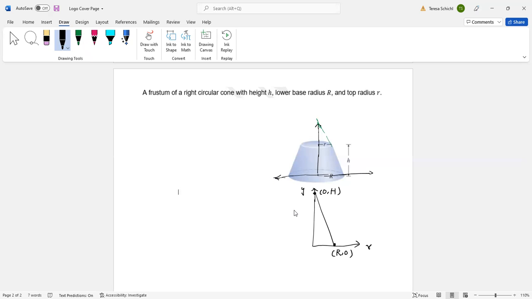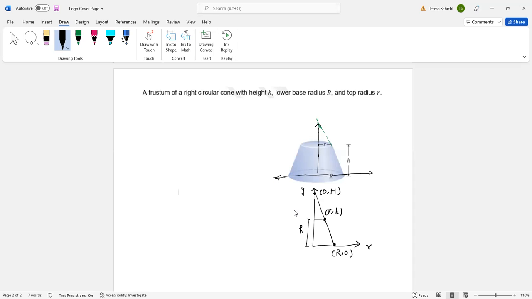Then the frustum is right here. This point is lowercase r, and because the height is h, the y-coordinate here is h, so this point's coordinates are r and h.